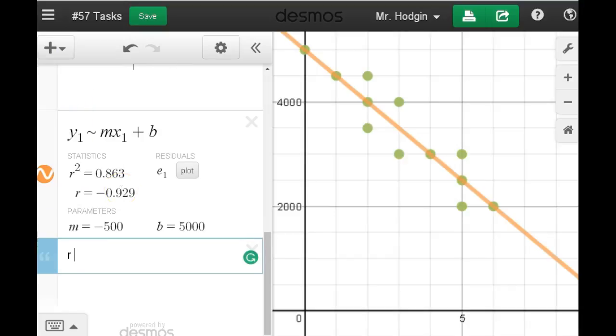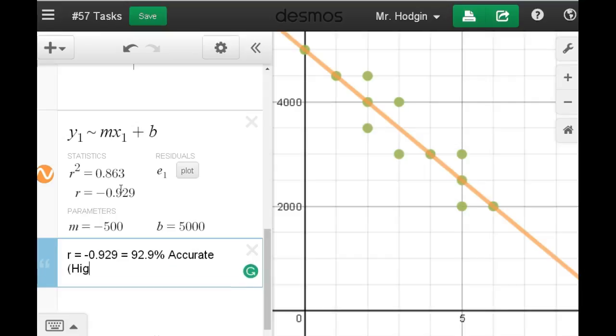So here, my R is going to equal negative 0.929, which is the same as 92.9% accurate, which is really high, remember.